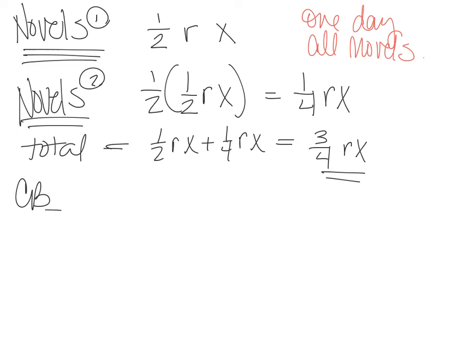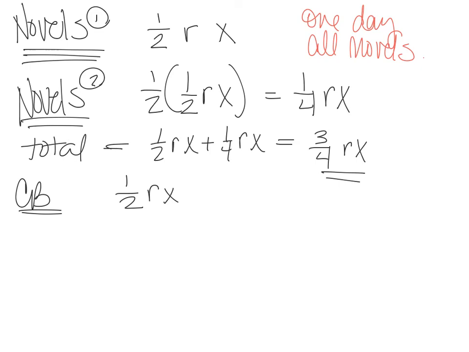Day 2, we did half Rx. So we did half of the cookbooks times the number of printers. And so that's day 2, the number of cookbooks printed in one day by half the entire print shop.